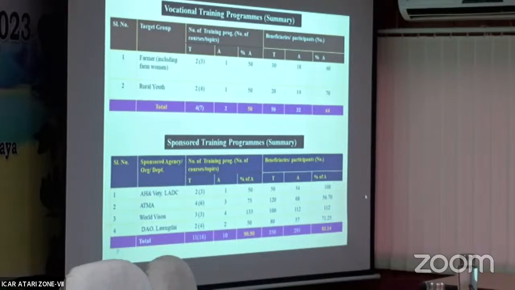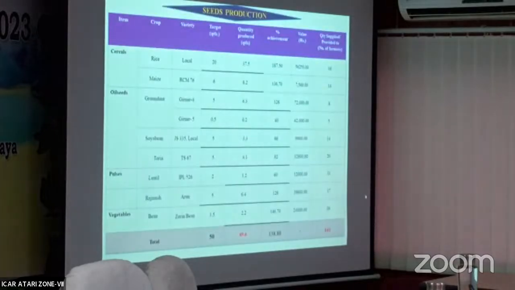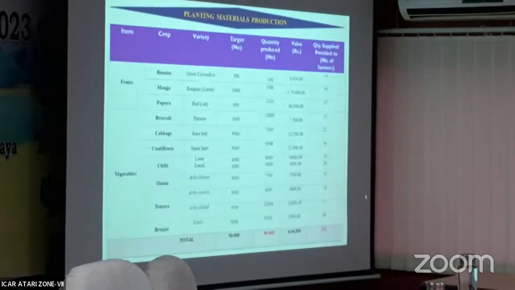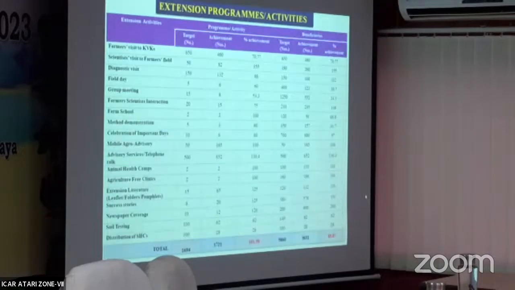Sponsored training, 90.9% achieved with 83.144% target beneficiaries. Seed production, 69.4 quintals have been produced and distributed to 141 farmers. Planting materials, about 80,000 seedlings have been produced and supplied to 513 farmers.